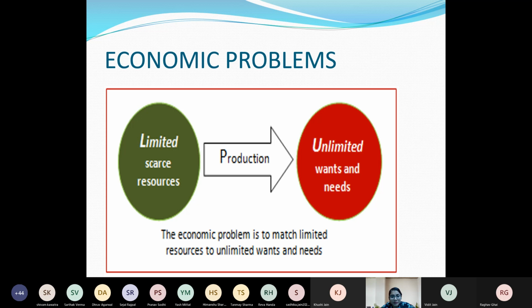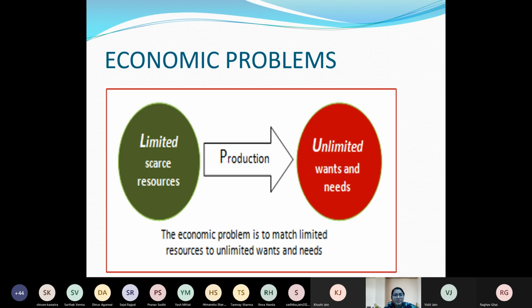So, business problems. Like Lionel Robbins has said, economics is the study of human behavior, that human wants are unlimited, right? As a human, we need something or the other. There is always something.